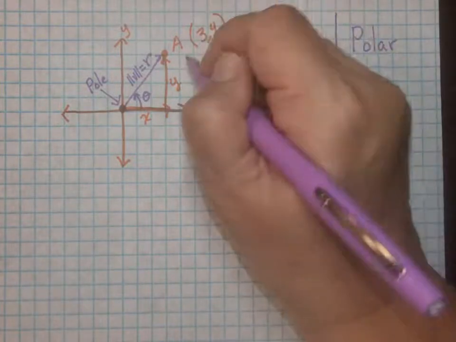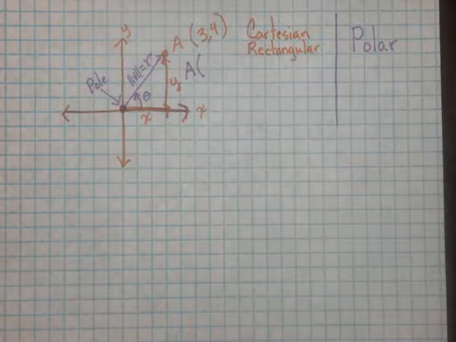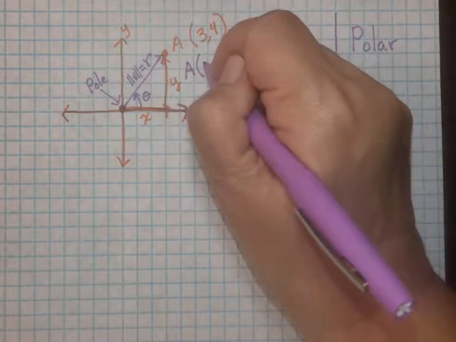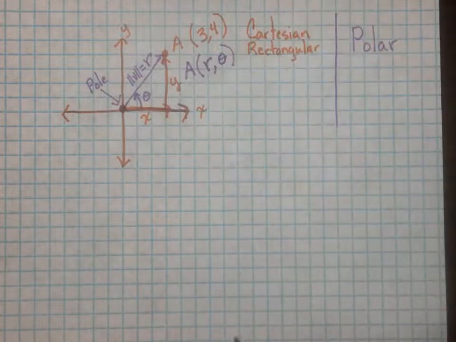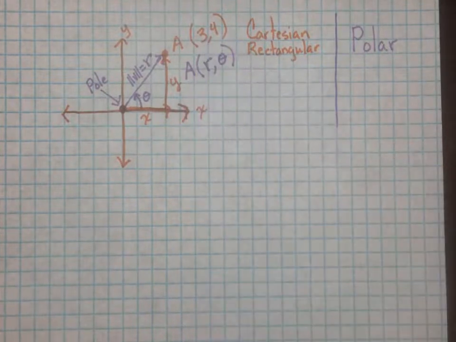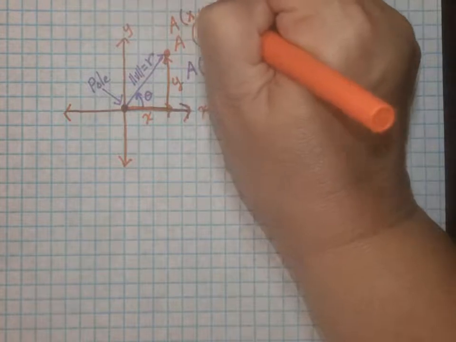And so this point A, in polar coordinates, we list it as r comma theta. Right? So in rectangular or Cartesian coordinates, we have point A is xy.